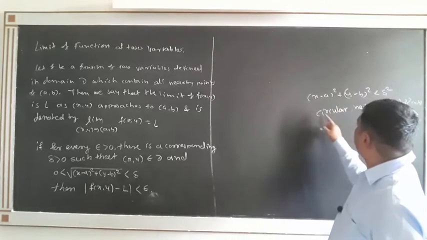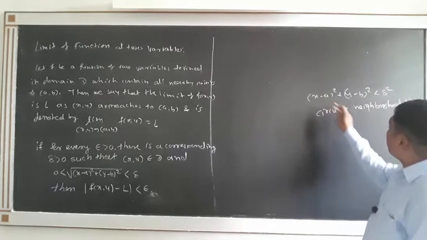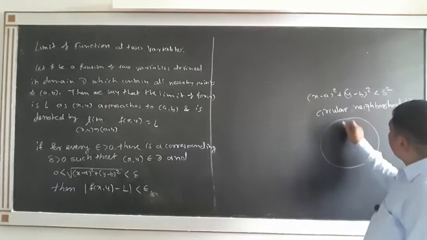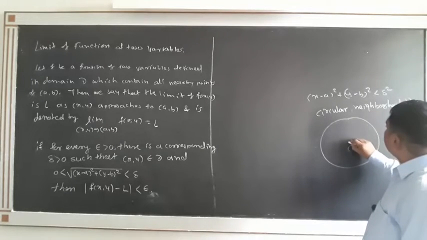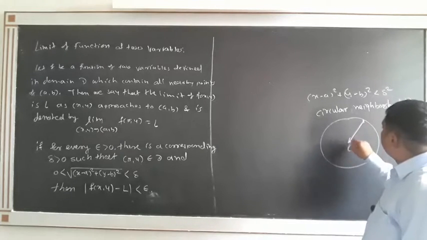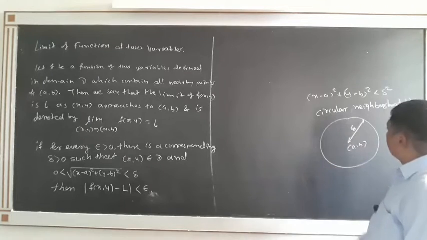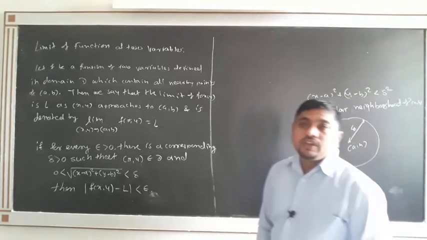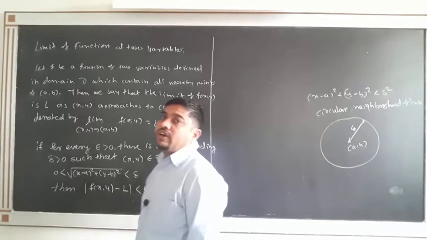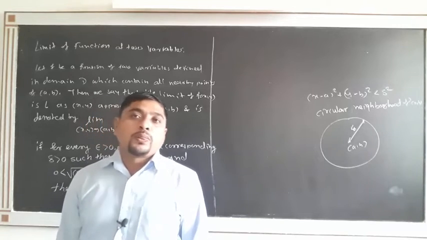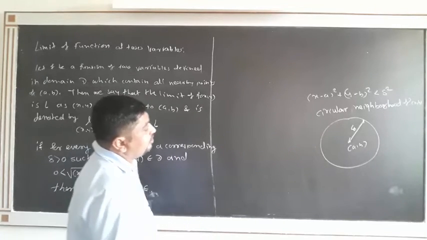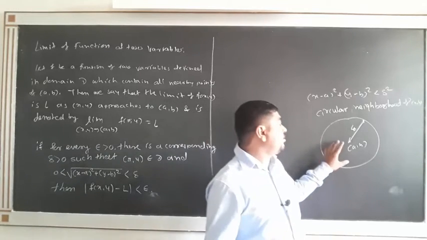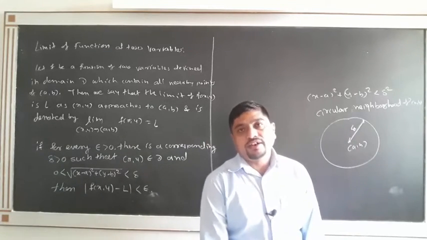That means there is one point (a, b) and it is the set of all points inside the circle whose radius is delta.